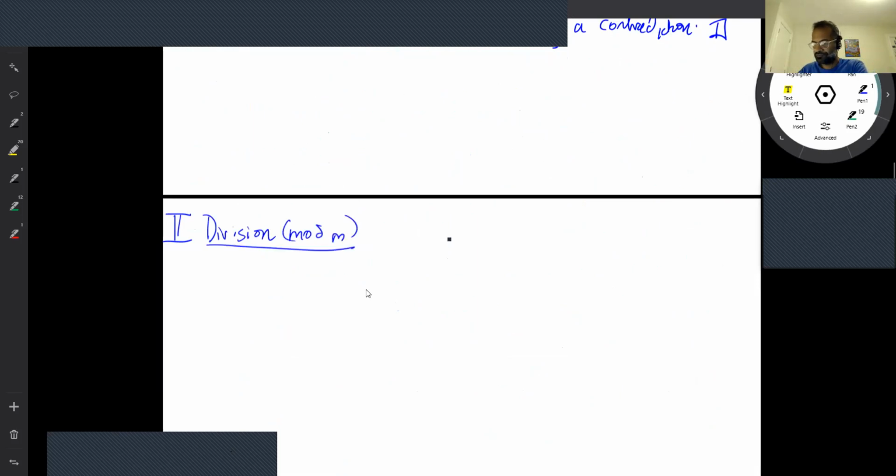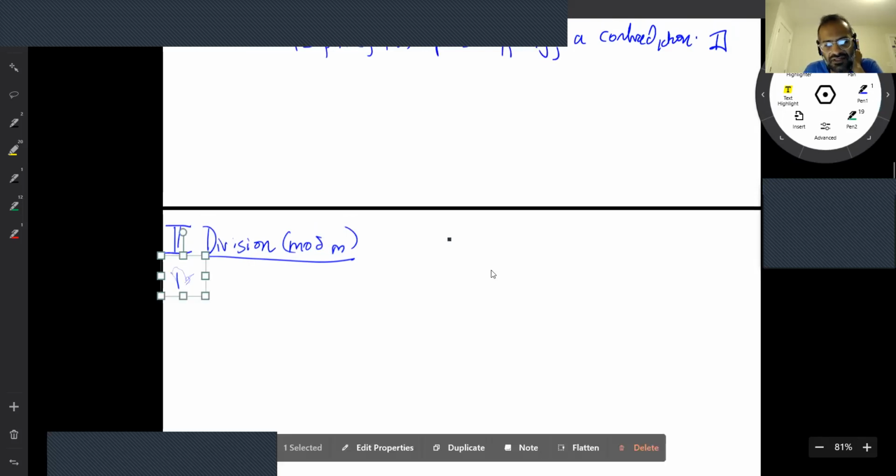So here's the key definition. So what is division? Well, it's the inverse of multiplication, right? Dividing is undoing multiplication. And so, okay, these are just luckily not Zoom crashing issues, but just me getting used to this pen.